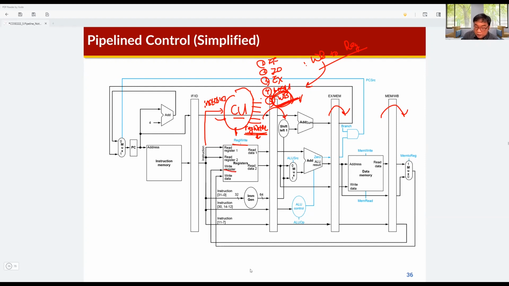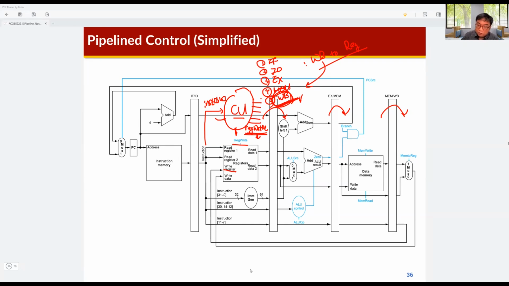So this reg write control signal is propagated until write back stage. Understand? Because reg write is required at write back stage.